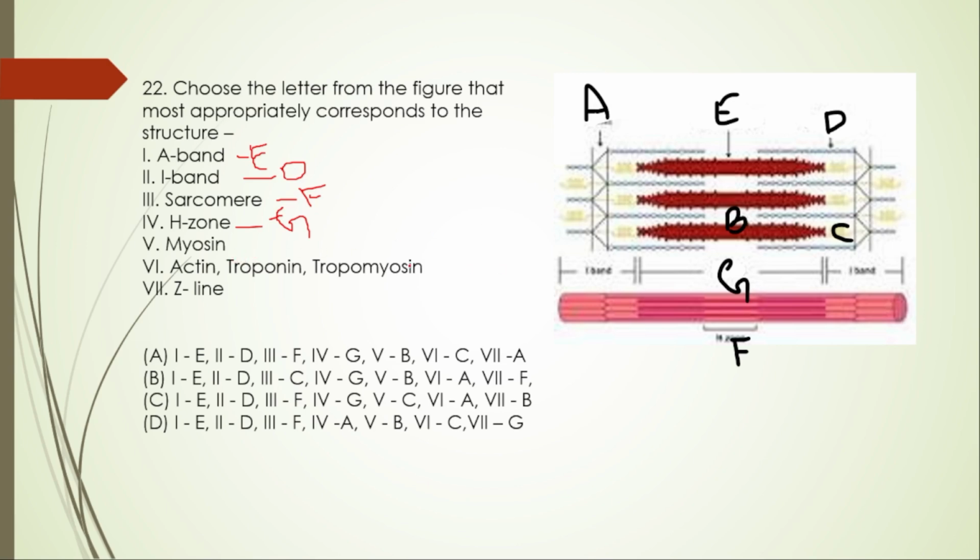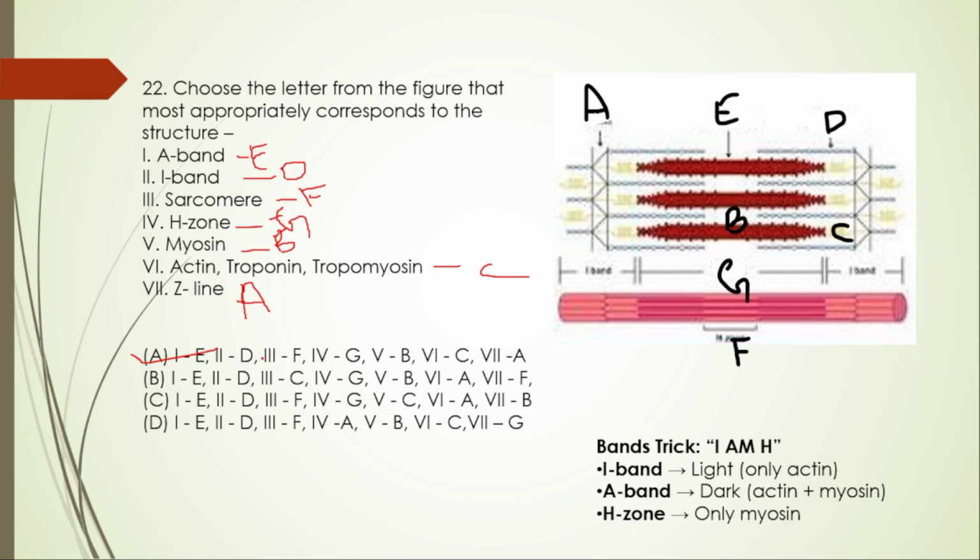This one is myosin, and so this is indicated as B. Actin, troponin and tropomyosin, that is C. And the last one, seventh one, Z line, is A. So here the right option is option A. 1 is E, 2 is D, F, G, B, C and then A. The 22nd correct option is A.